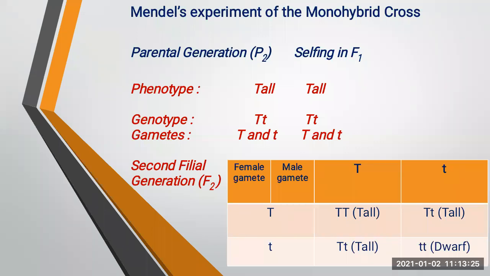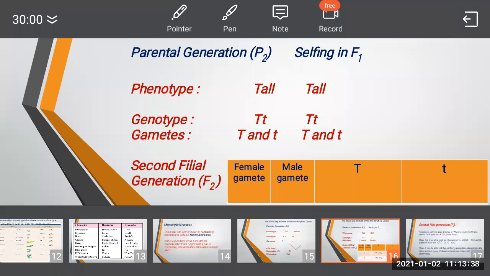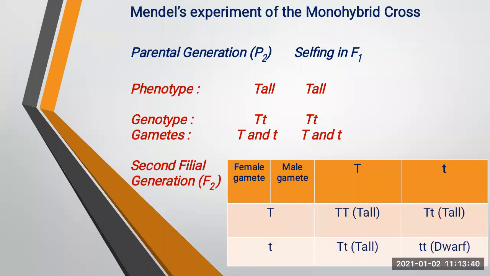While capital T, small t are also tall plants, but these are heterozygous, also called hybrid. So these are tall, but hybrid with a mixed type of genotype.